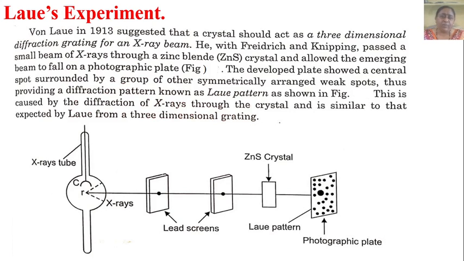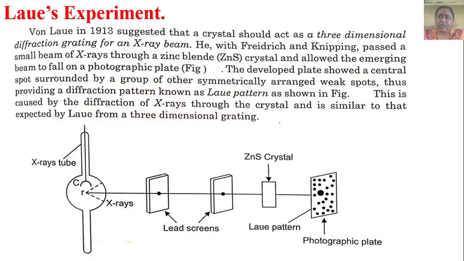So this set of parallel X-rays is bombarded on a crystal, that is the ZnS crystal as shown in figure, which is to be analyzed to understand what the crystal structure is. When the X-rays fall on the crystal, they get diffracted and you get a pattern on the screen, that is a photographic plate.